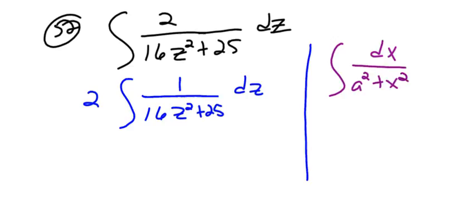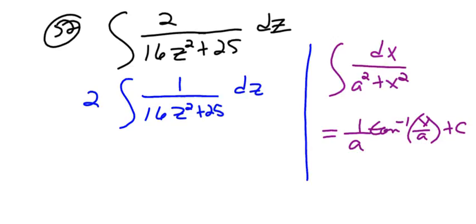This could be rewritten into that form. We can do that. And then it says here the antiderivative of that would be 1 over a times tangent inverse of x over a plus c. So this becomes a lot easier to do.